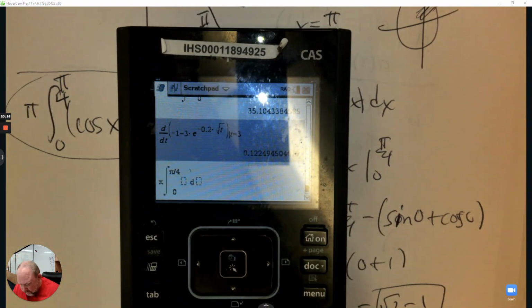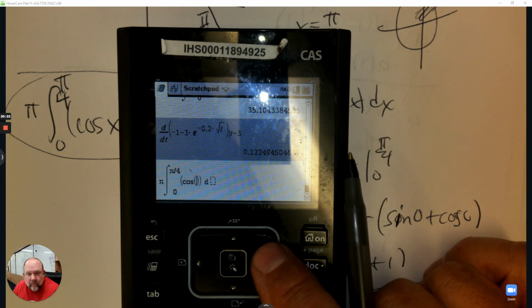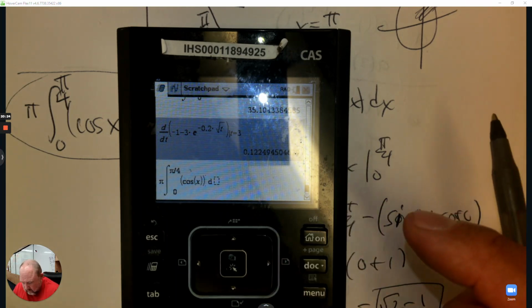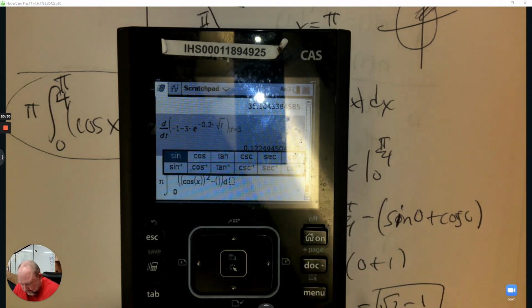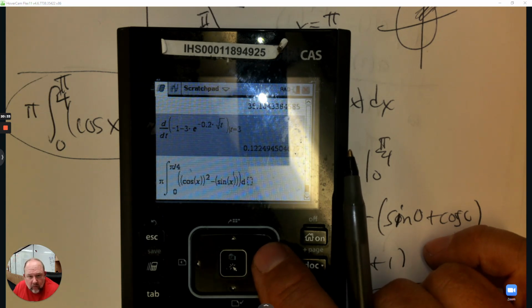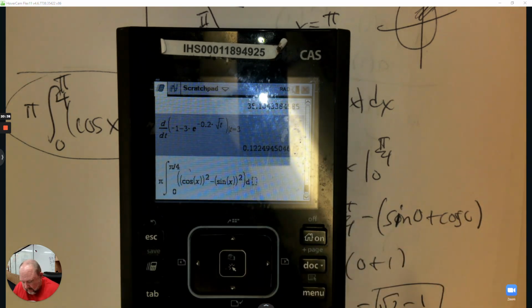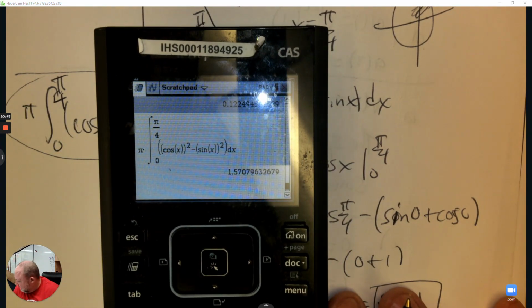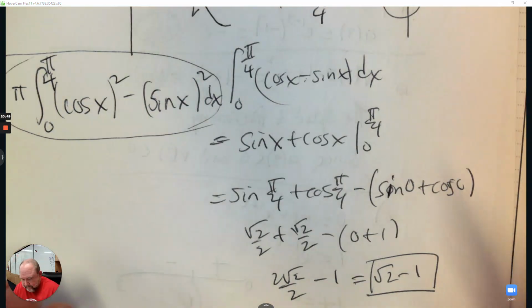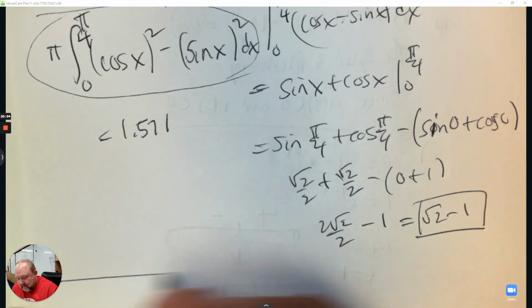Cosine squared minus sine squared dx. That's what it would look like. It's always good to practice with your calculator. And I get 1.571. I was trying to figure out how to integrate it without the calculator. That's why I was looking around.